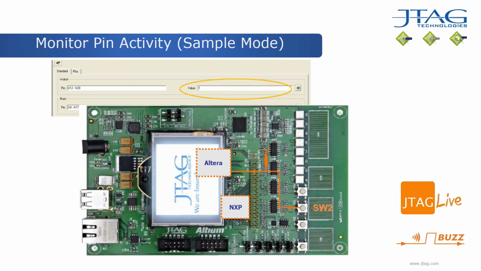There's a sample mode. Now, I'm not sure if I mentioned all the operational modes. In fact, I may have skipped over that. But part of the boundary scan instruction set is one called sample, and that allows you to asynchronously sample an input pin while the device is normally operating. So I said right at the beginning, I think, that during external test operations, the device core is isolated and not working.